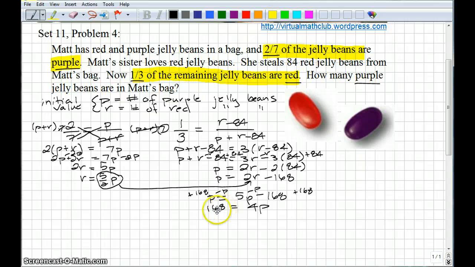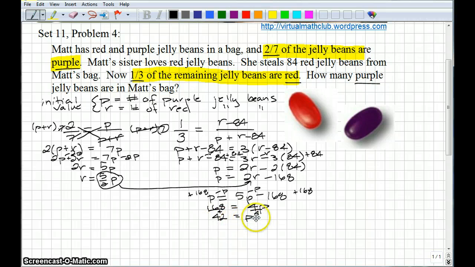Okay, so if I divide by 2 once, I'd get 84, and if I divide by 2 again, I would get 42 is equal to p. Okay, so what I'm doing is dividing both sides by 4. Then 4 over 4 is just 1, and 168 over 4 is half of 84, which is 42. Okay.